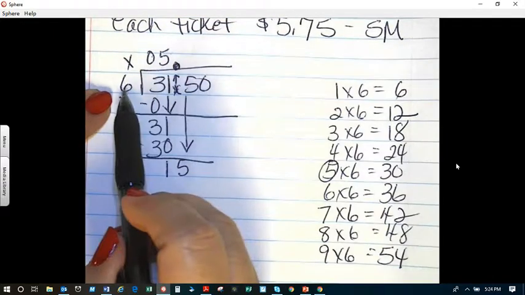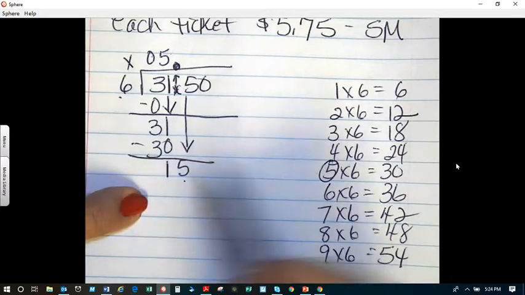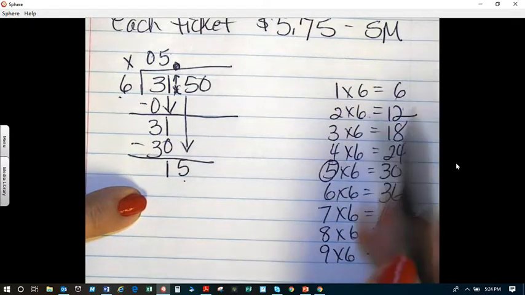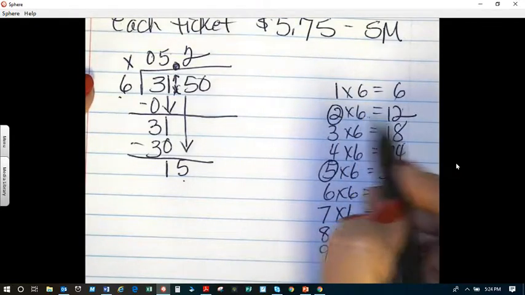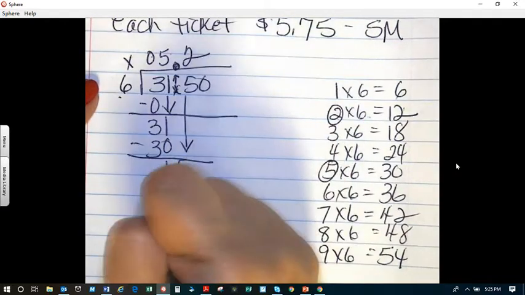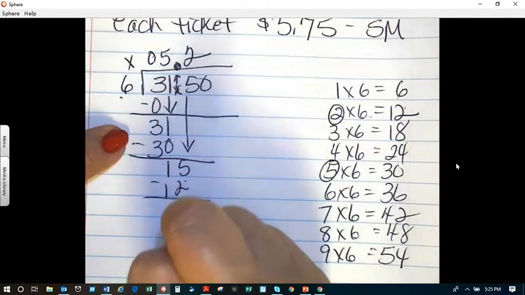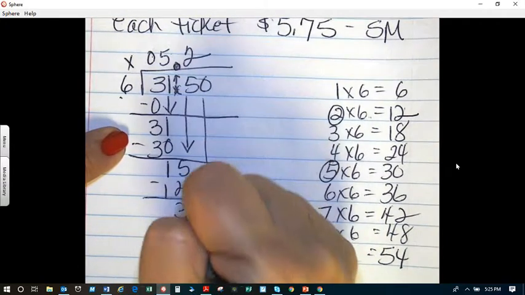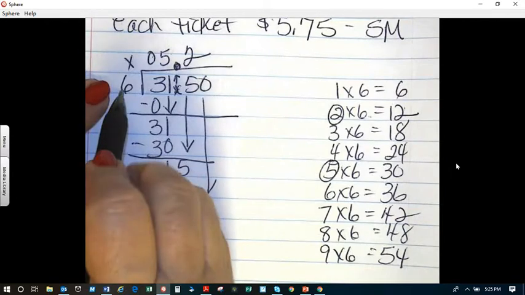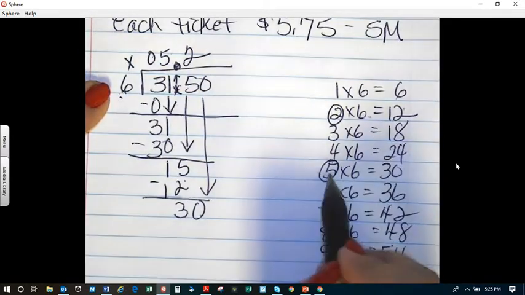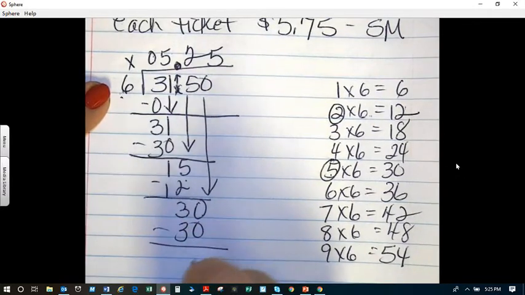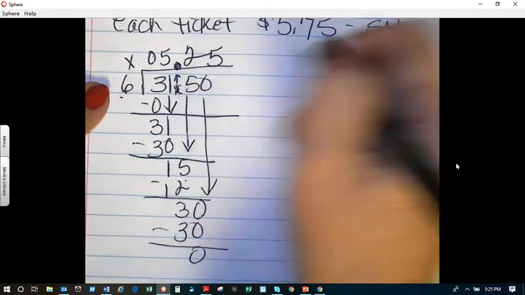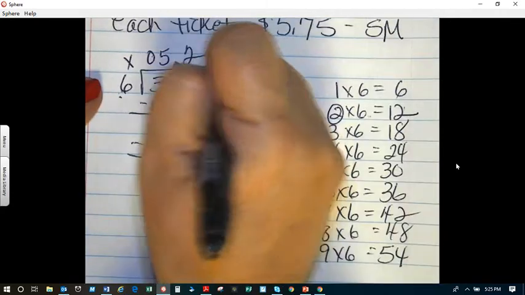How many groups of 6 can go into 15? Well, I can't go over, so it'll be 2 groups, because 2 times 6 equals 12. Subtract out. That leaves me with 3. Bring down my 0. How many groups of 6 can go into 30? Again, it's 5 groups of 6 can go into 30. And that's 0. So the art tickets cost $5.25.